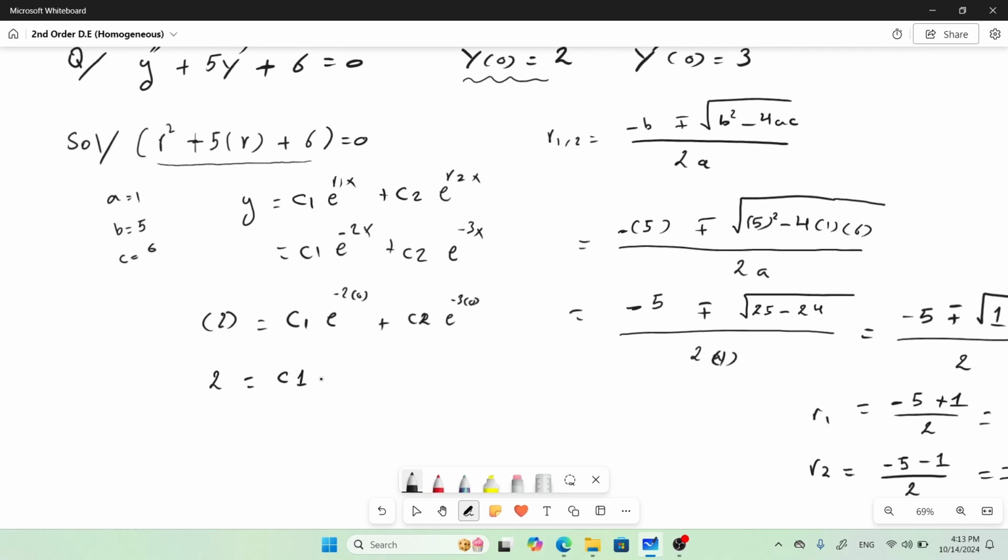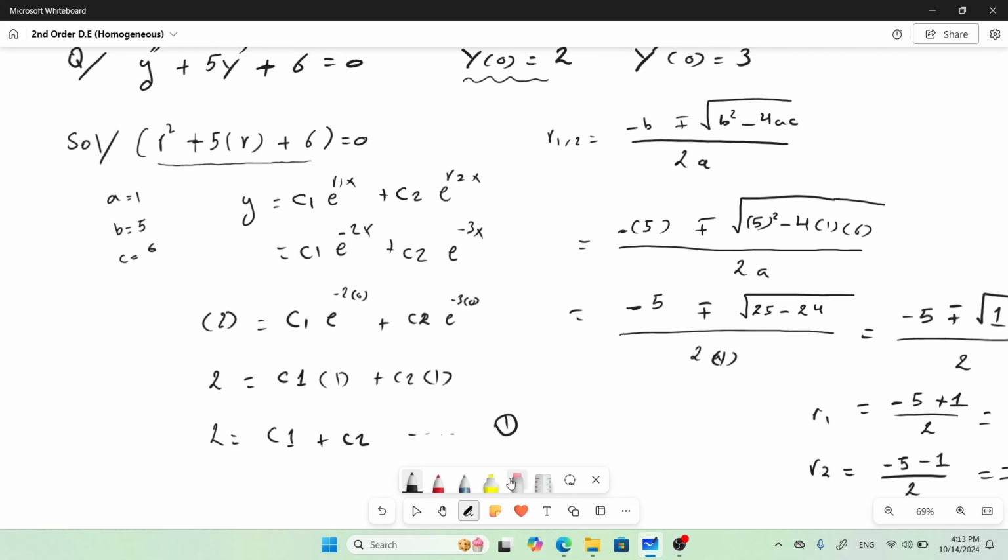The exponential of negative 2 multiplied by 0 is exponential of 0, and anything to the power of 0 is 1. So we have c1 multiplied by 1 plus c2 multiplied by 1. Therefore, we have 2 is equal to c1 plus c2, and that's our first equation.